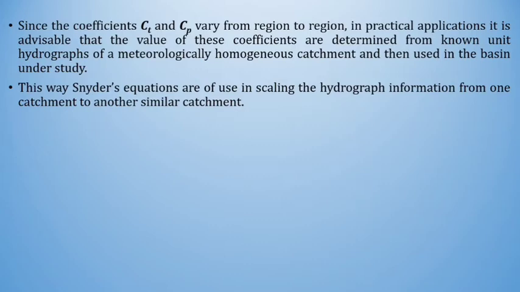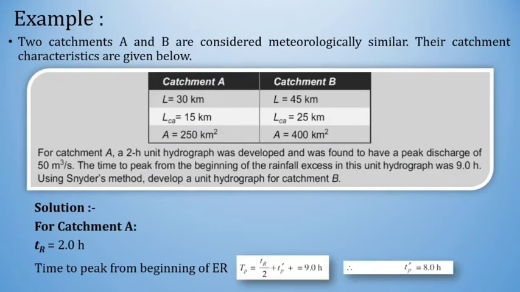If you know the parameters for one catchment, you can extend those similar parameters to another catchment, with the help of empirical formulae, to know how the construction of unit hydrograph can be done for further studies. So with the help of a numerical example, we will see how the various parameters of a synthetic unit hydrograph by the Snyder's method can be estimated.